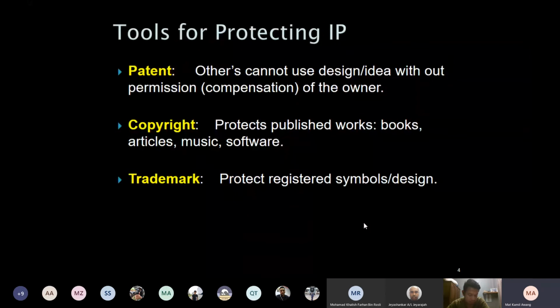Copyright is to protect published work or works of art, normally books, articles, music, software, paintings. Another one is a trademark, which is to protect registered symbols and designs, logos, for example, right?